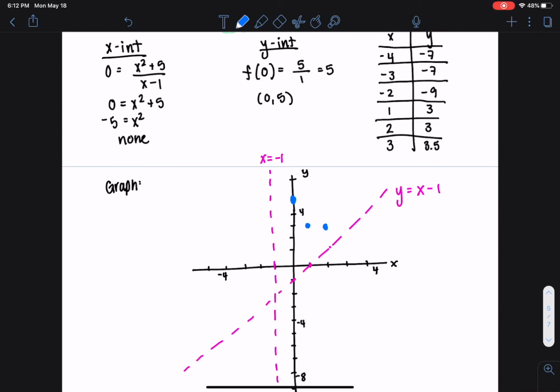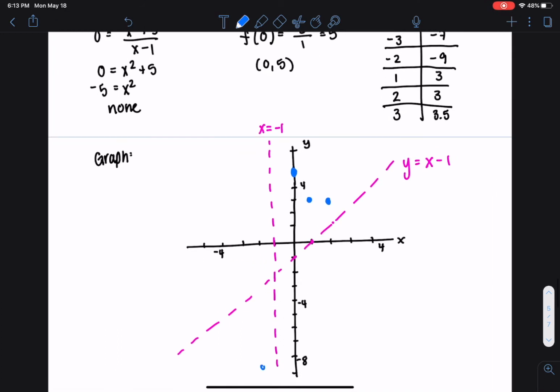And then if you plug in -1 or -2, the output is -9, which is down here. -3 gives you -7. -4 gives you -7 as well. So we're going to hug those asymptotes, and we get our graph of f of x.